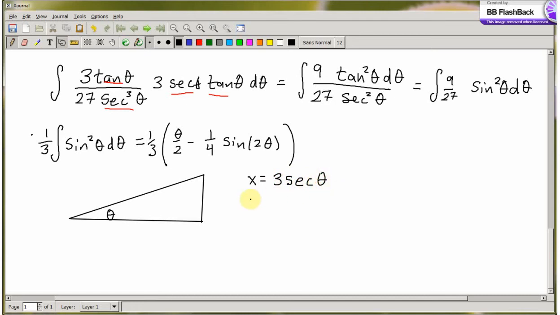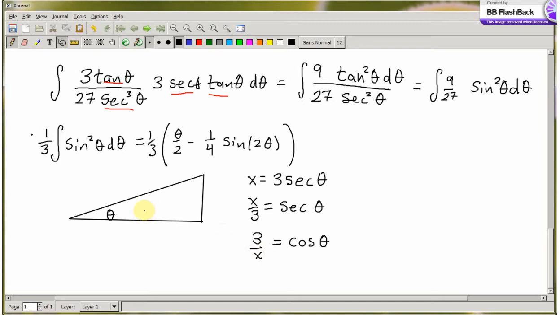So x over 3 is equal to secant theta, or, since cosine scares me a lot less, 3 over x equals cosine theta, and I can do that because it's just taking the reciprocal of both sides.